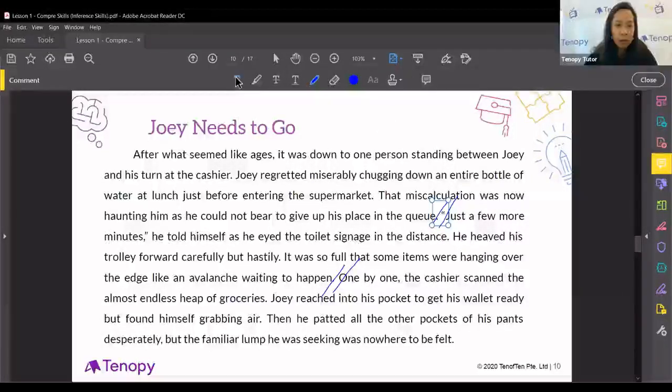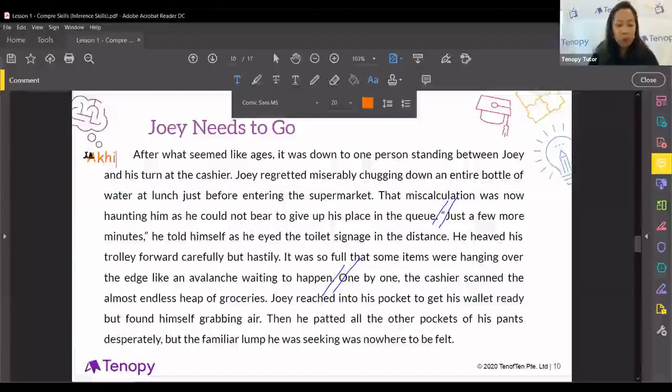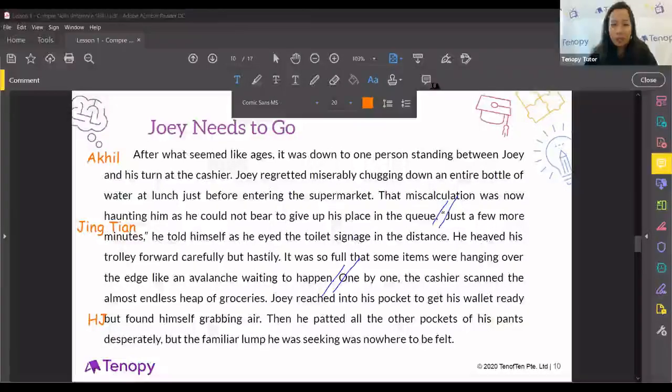Akil will read this one, followed by Xingtian, and finally Hongjie. Hongjie, I'm going to put your name in HG, because I have no space right here. All right, now let's go. Akil, you can unmute yourself. Hi, Akil. Remember to unmute yourself.